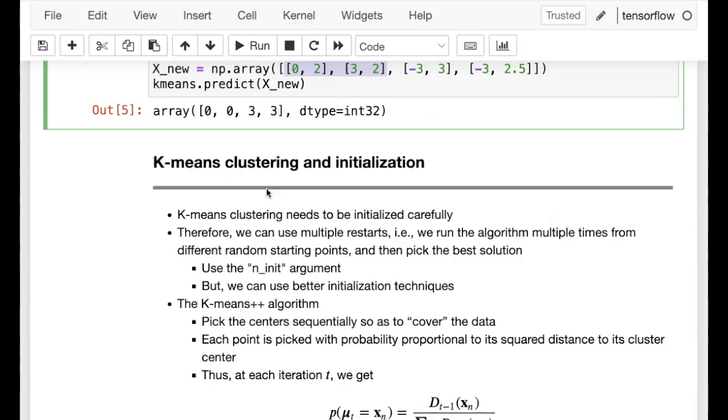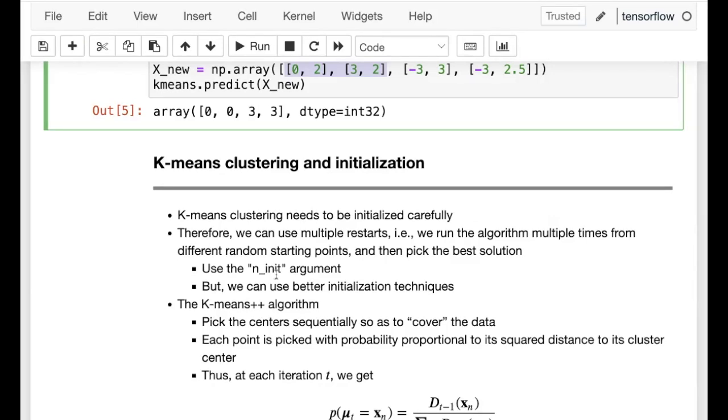And because of this, the performance really is dependent on the random starting points. One of the arguments that you saw in the K-means documentation page was this n underscore init. This is a very simple idea. If you know that the final solution depends on your initial solution, you can run the entire algorithm multiple times for different initializations and then see which one is the best one at the end.